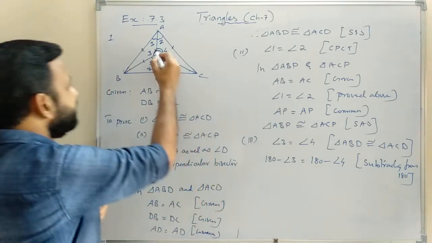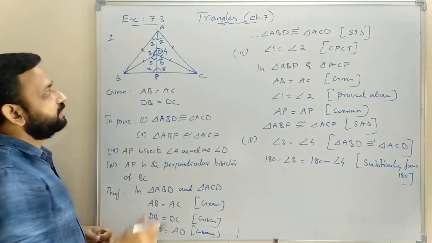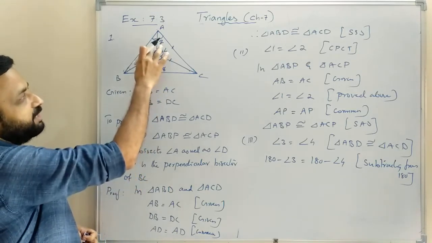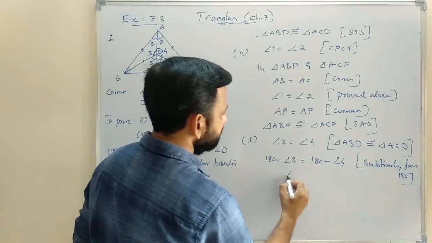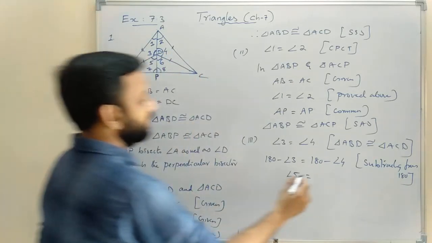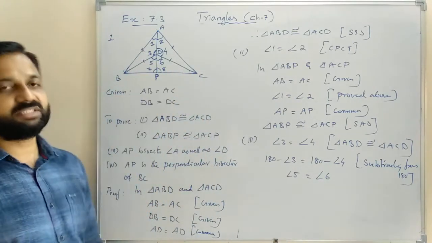Then 180 minus angle 3 is angle 5, because that is a linear pair. So angle 3 plus angle 5 is 180, so 180 minus angle 3 is angle 5. Similarly, 180 minus angle 4 is angle 6. So now we got angle 5 and angle 6 are equal.